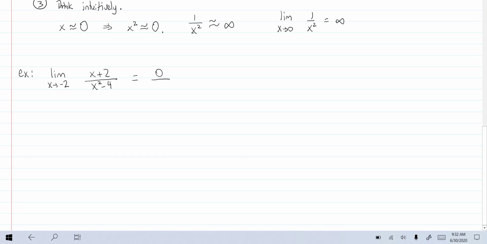And then in the denominator, -2 squared is positive 4, minus 4. We're going to get 0 in the denominator as well. Again, division by 0 is undefined, so 0 over 0 can't be the actual answer to the problem.